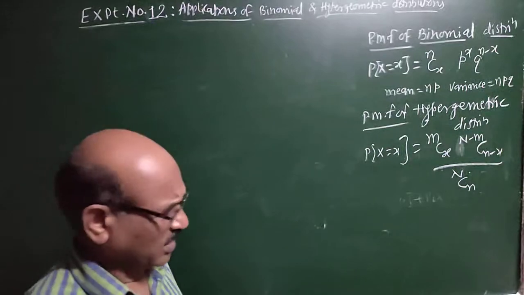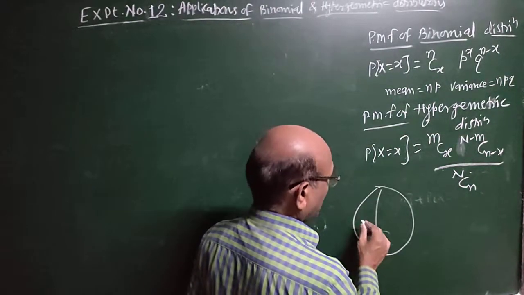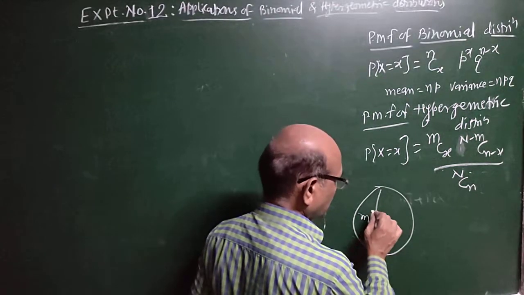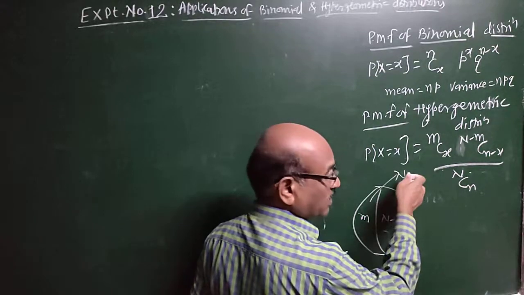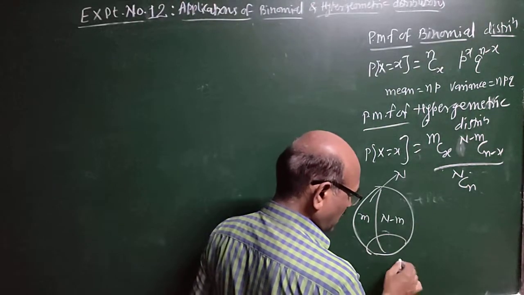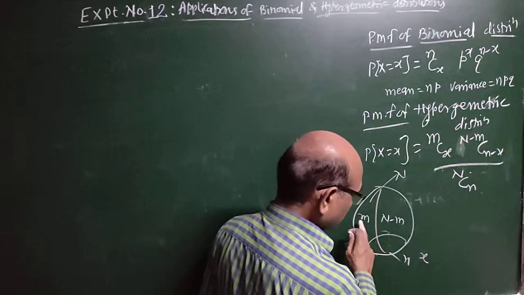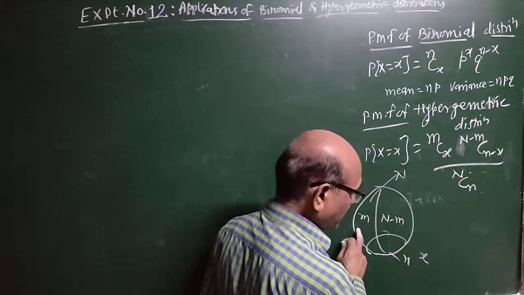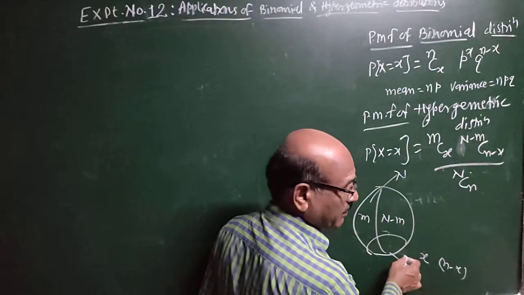What does it mean? There are 2 types of items. One type of item in this population will be m, total population is N. So the other will be N minus m. When you take a sample of size n, again there will be some x of one type and remaining n minus x of the other type in this sample.